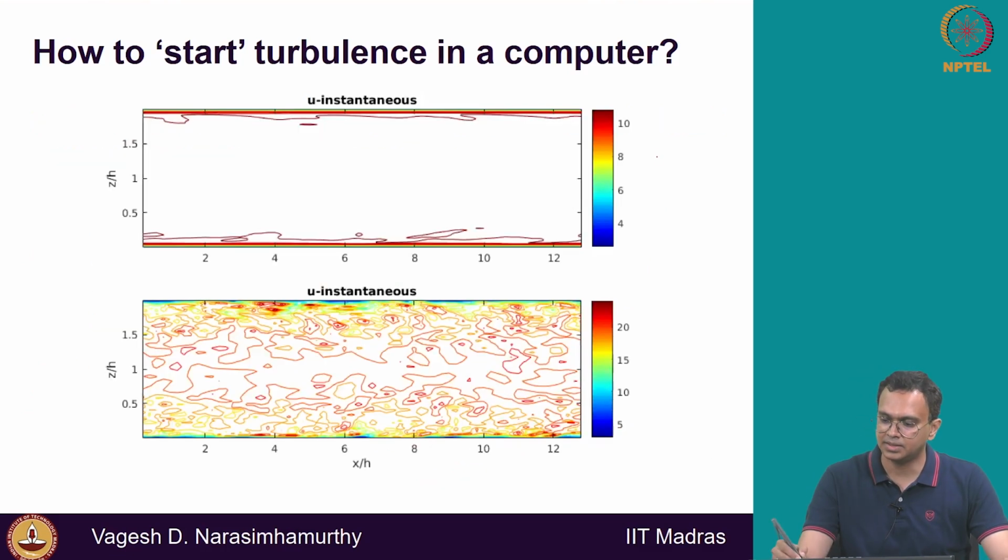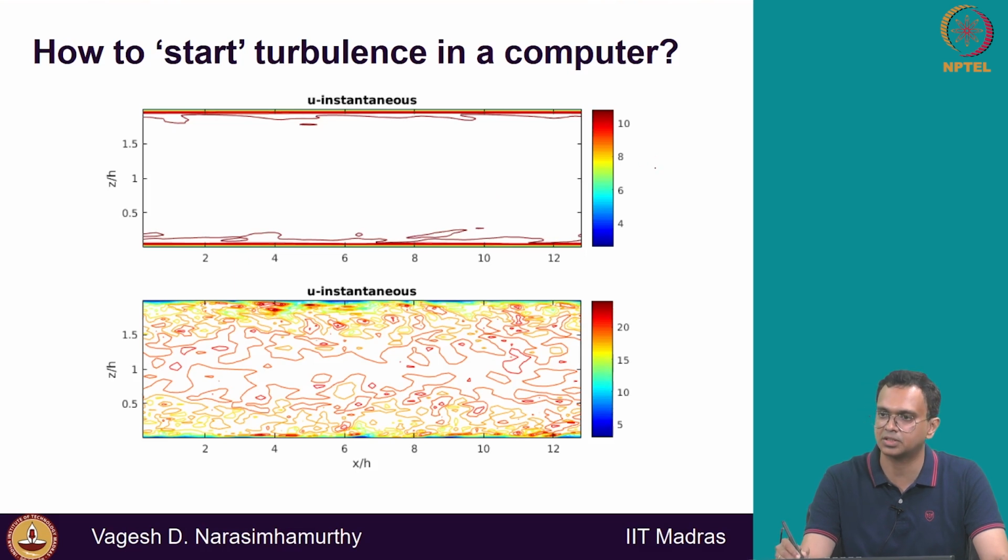Let's say this is a turbulent channel flow, where I have two walls. In this particular case, I solved the actual Reynolds number using perturbation, and it looks like this, almost no turbulence.